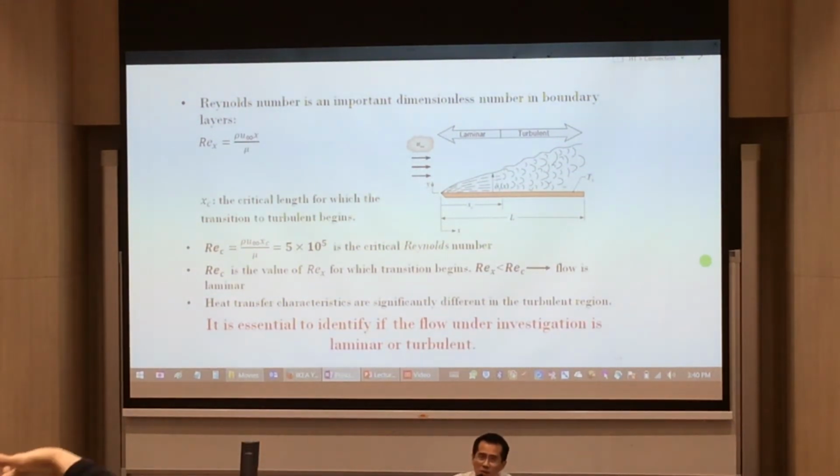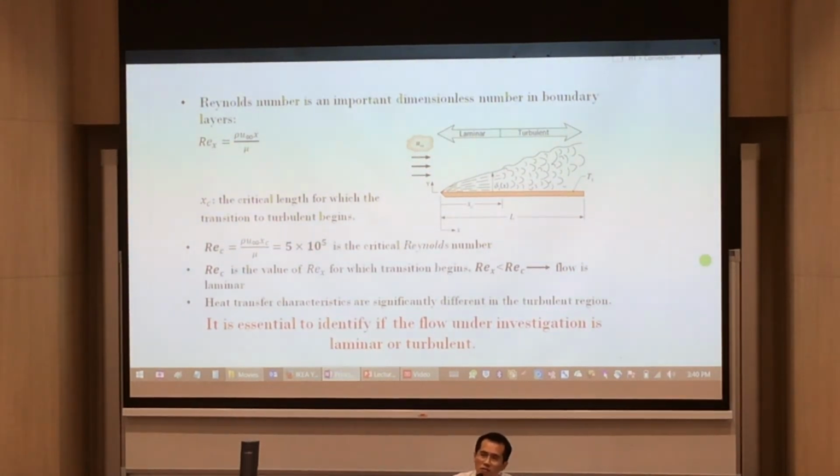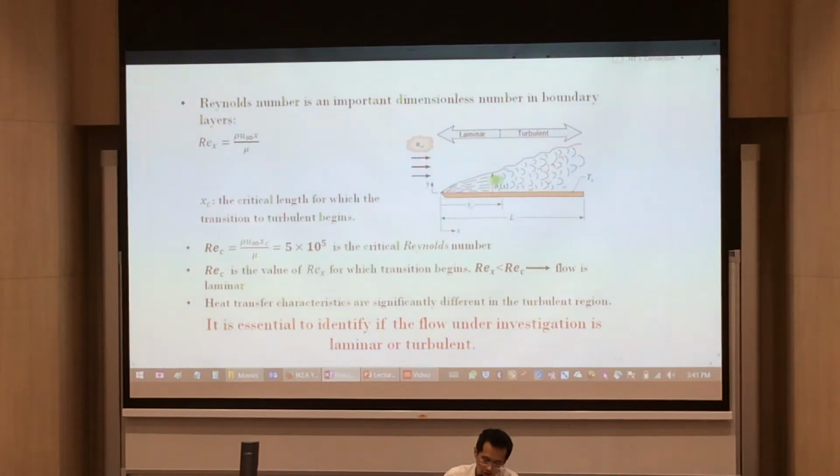The next thing I want to share with you is this term that's called Reynolds number. Some of you have already heard about what Reynolds number is. In fact, Reynolds number is a number that we use to decide if this flow is laminar or turbulent. How do we decide that? We can see over here that this region is mostly laminar and that region is mostly turbulent.